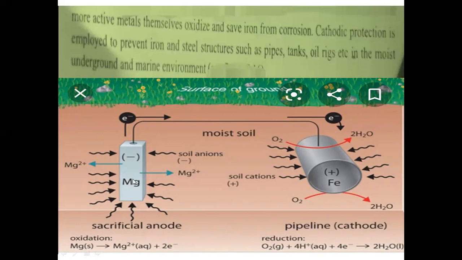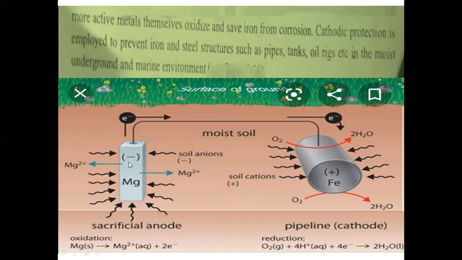So this magnesium will act as an anode and the pipeline, the pipe which is made up of iron, will act as a cathode. So as I told you, what will happen when the soil is moist: in moist soil, as this magnesium acts as an anode, it is more active, so it will get oxidized by losing electrons.